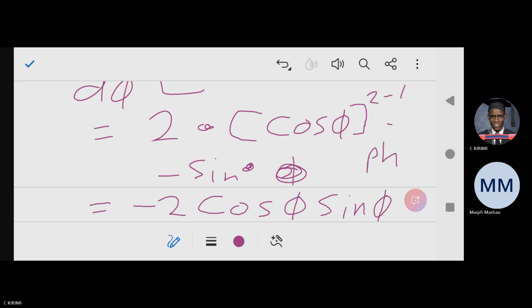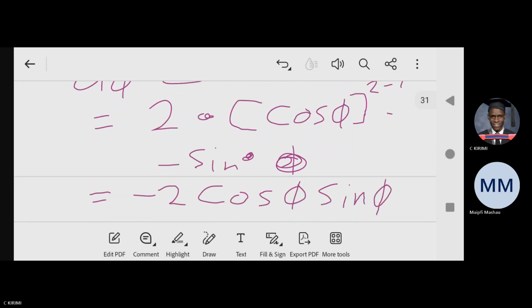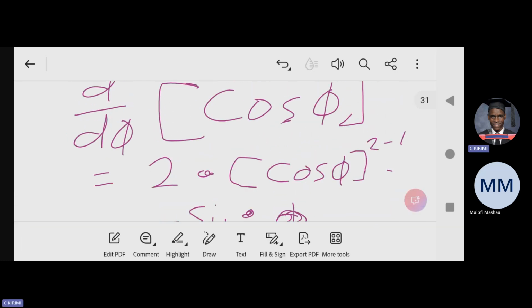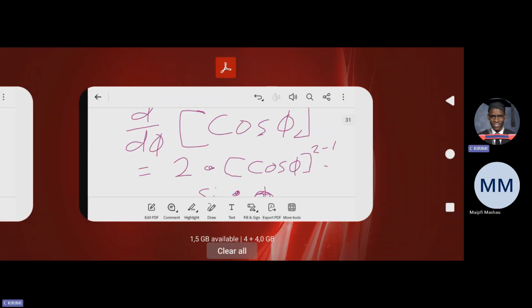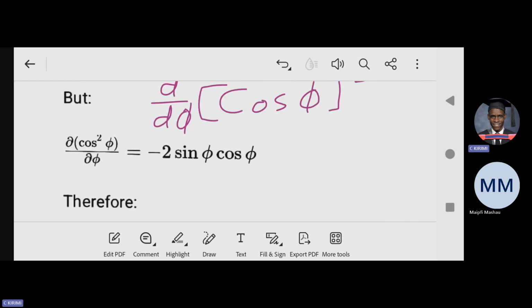This Greek symbol is phi. Any question? No question. So that's how that derivative was obtained. It's pure math, and here it was not calculated the way we did. In an exam, we must know how to differentiate.